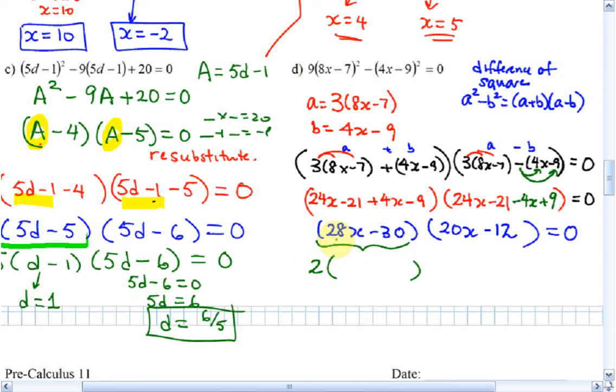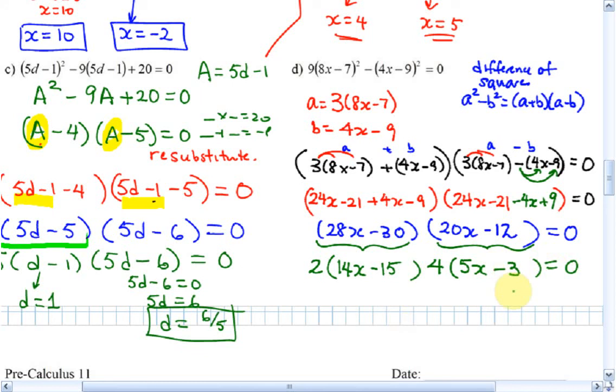So when we do that, we get what? 28 divided by 2 is 14, so that's 14x. And then 30 divided by 2 is 15, so that's minus 15. Thank you. Can we do the same thing with the next one? Okay, what can I factor out from there? 4. Beautiful. And what's left over? 5x, and then minus 3 equals 0.